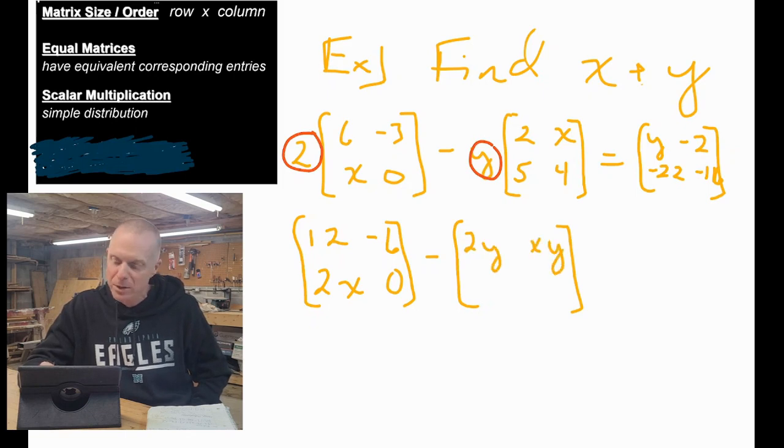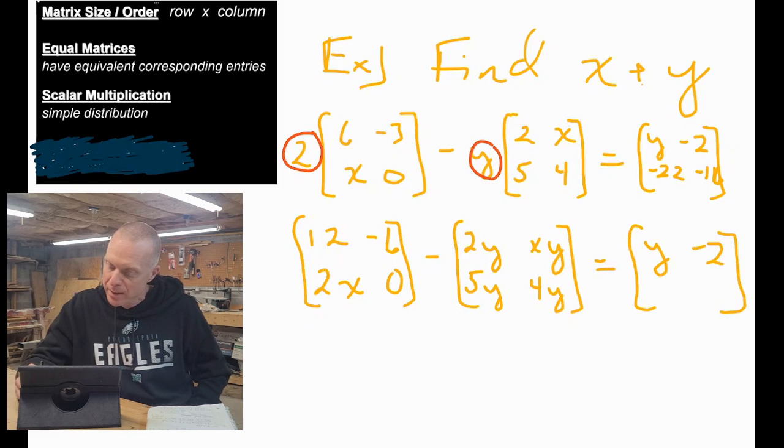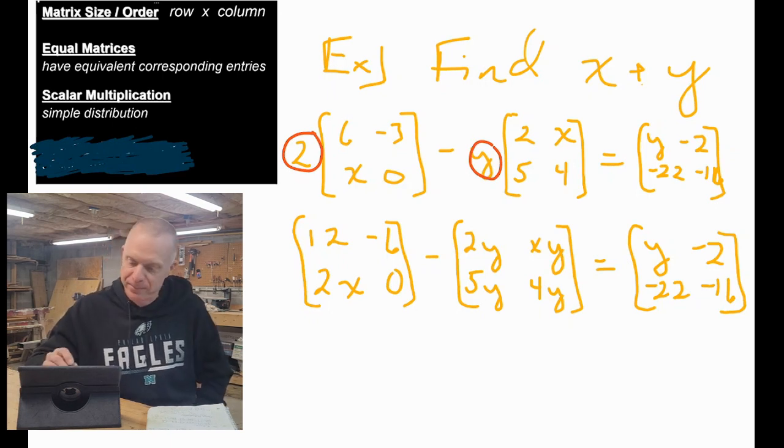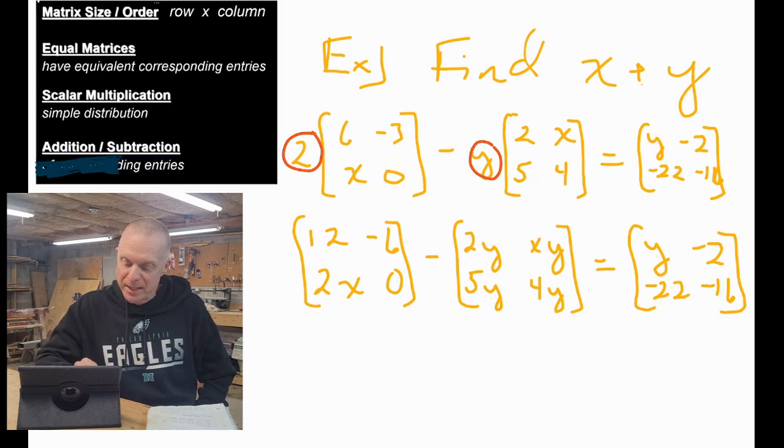So we'll just distribute a regular y, and we end up with, of course, some new terms. Still, this entire thing is going to equal y, -2, -22, and remember, -16. Scalar multiplication.